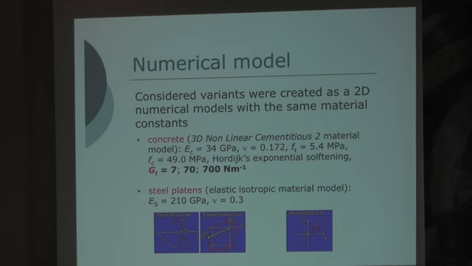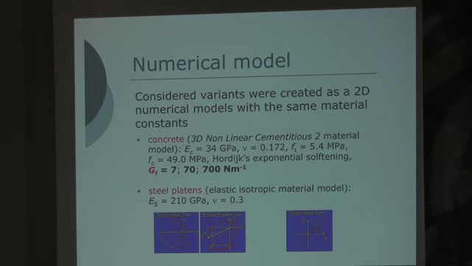We use the Rodriguez exponential softening for the finite elements, and we chose three levels of the specific fracture energy. The middle one was 70 joules, the lowest level was 7 joules, and the largest was 700 joules.